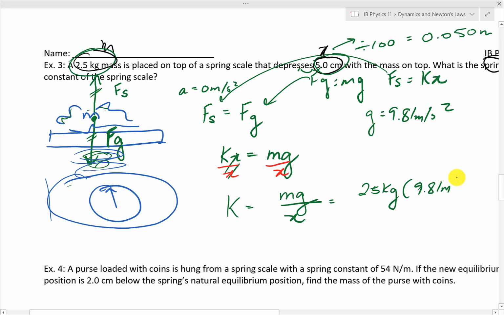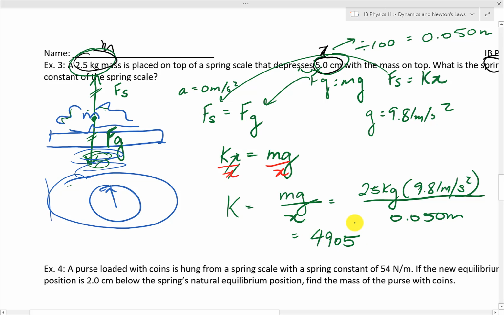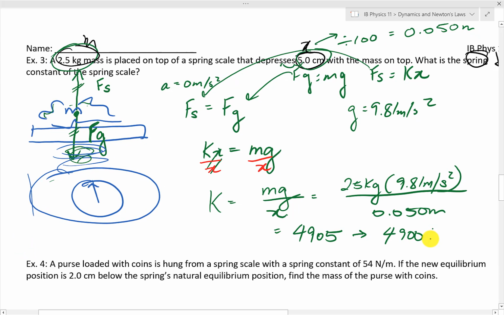Putting that all into the calculator, I get 4,905, which I'm going to round to 2 sig figs, so 4,900, and the units for spring constant are Newton per meter.